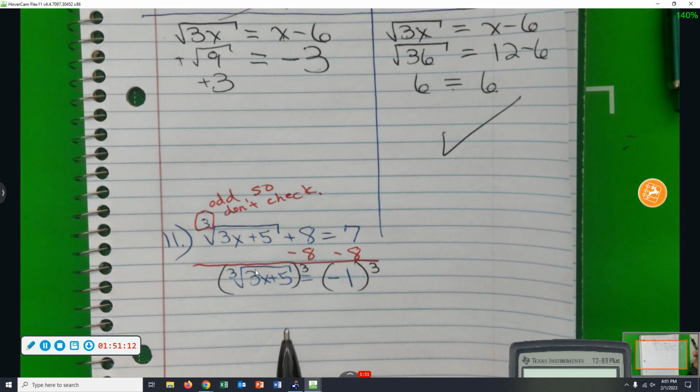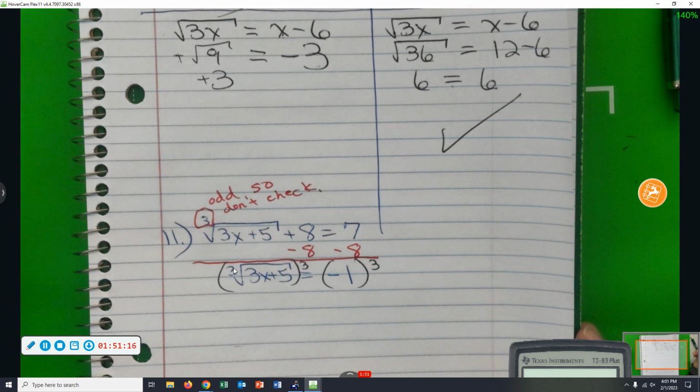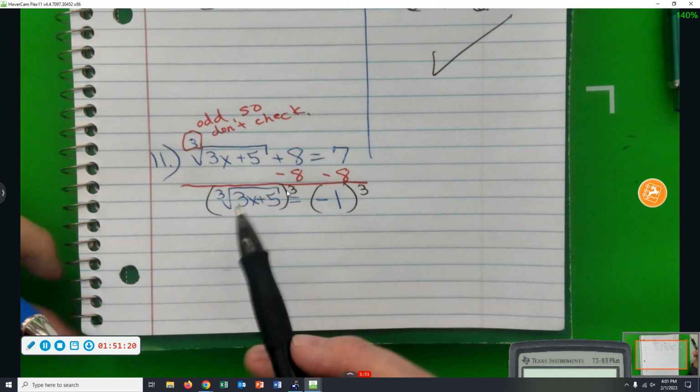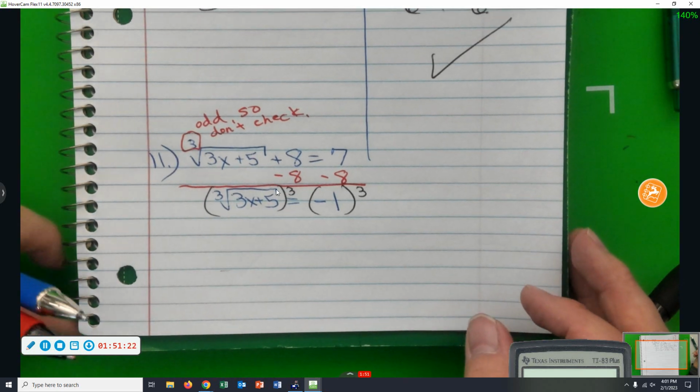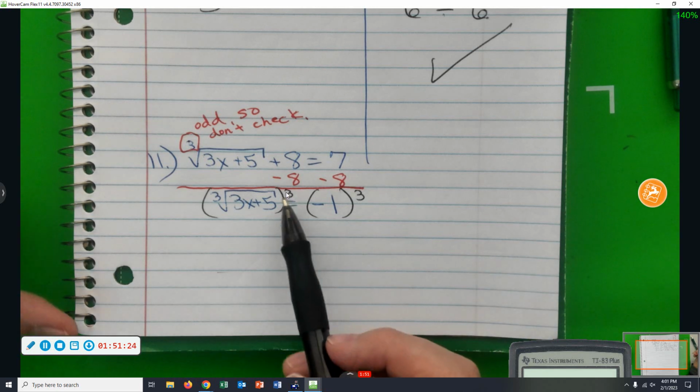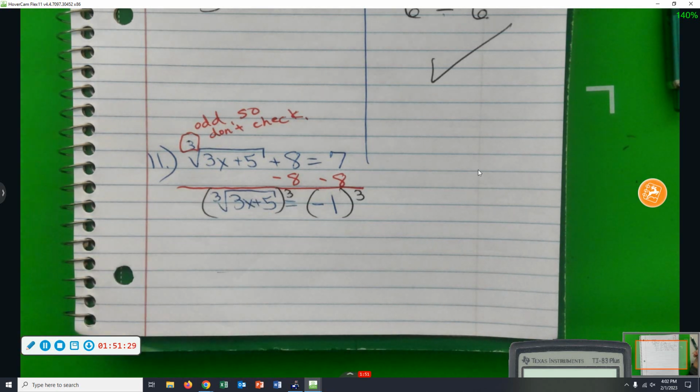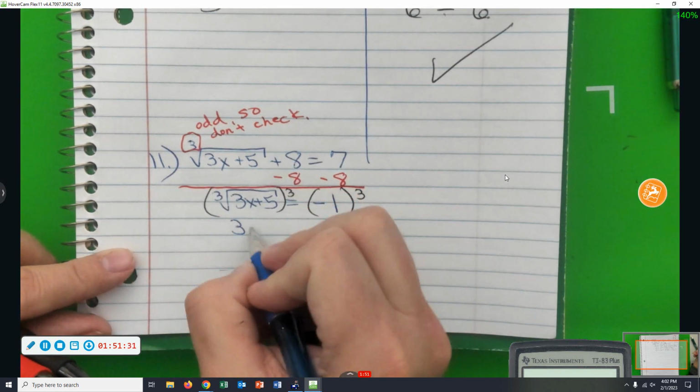This problem has to be pretty short for me to have started it down here almost at the bottom of the page. What's the left side going to do? Okay, so the cube cancels out the cube root, and we're just left with 3x plus 5.